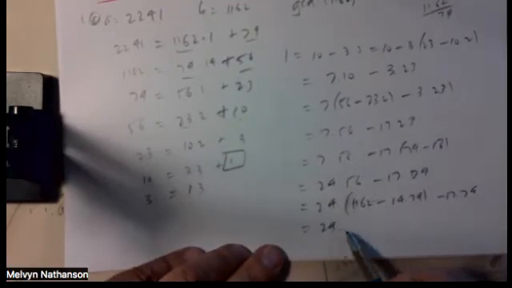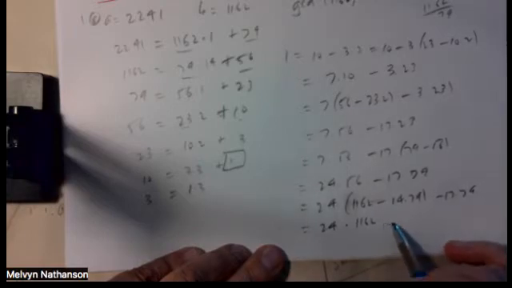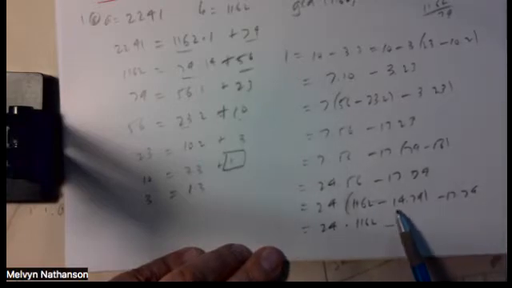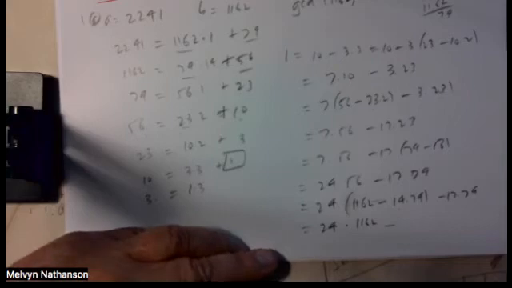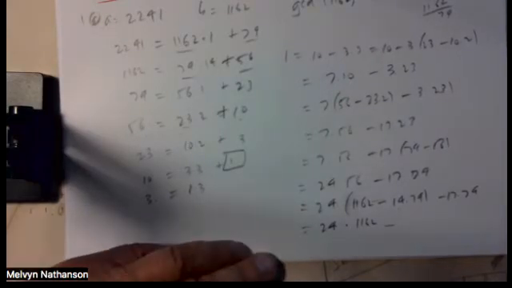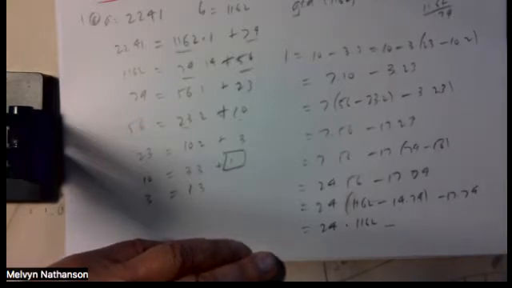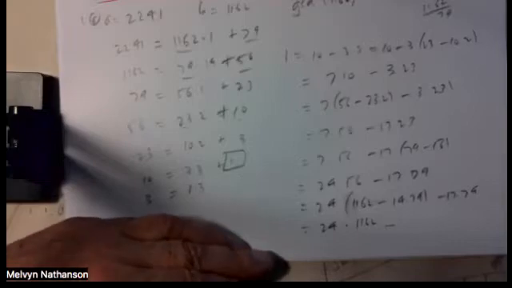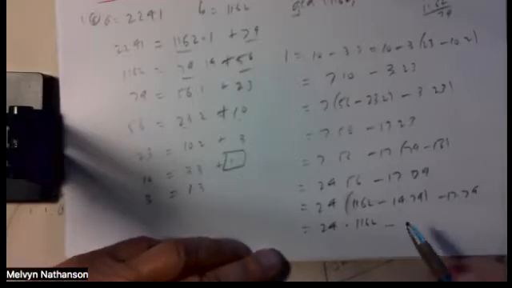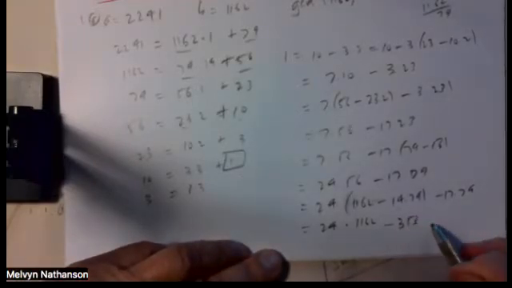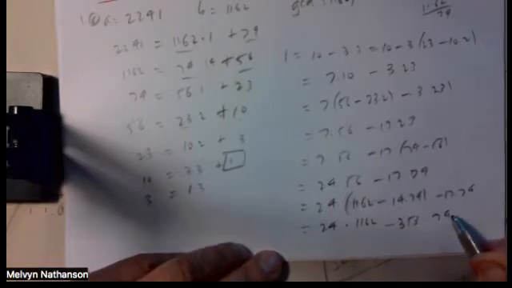Actually, didn't expect such big numbers. 24 times 1162 minus, I have 24 times 14, which is 336, plus 17, 353, minus 353 times 79.